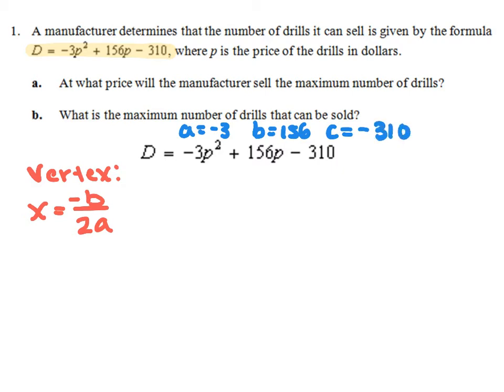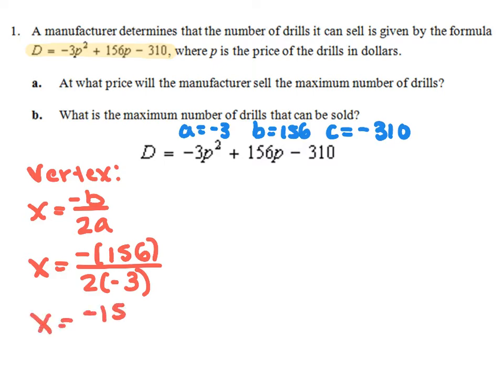So now if I substitute, we'll get that x equals negative times 156 over 2 times negative 3. So that gives us x equals negative 156 over negative 6.